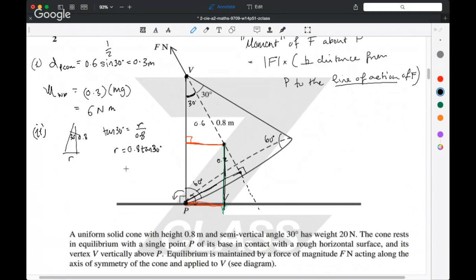Therefore, F times 0.8 tan 30 must be equal to 6, because they balance. They're both going in opposite directions. So therefore F is equal to, and I'll just make sure I've got this correct, 6 divided by 0.8 tan 30.